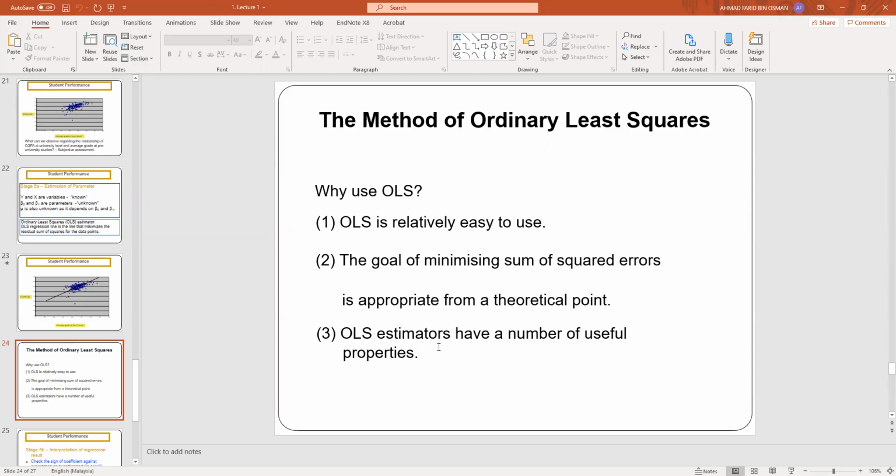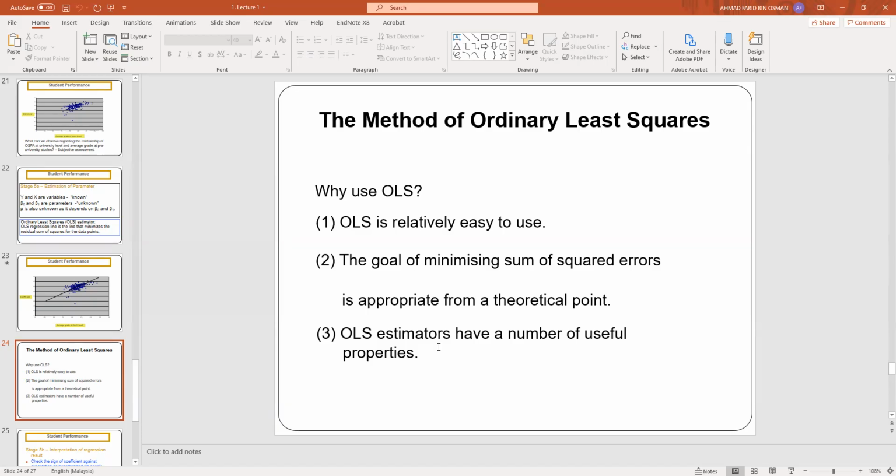Unbiased means that if you take the average of all possible estimates of the parameter from the sample, then the average is equal to the true value of the parameter. The true values of the parameters, beta 0 and beta 1, are unknown. But from different samples, we can get different estimates of beta 0 and beta 1.